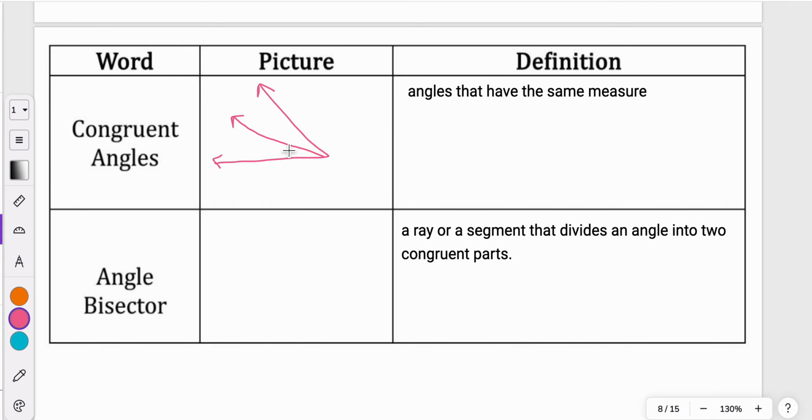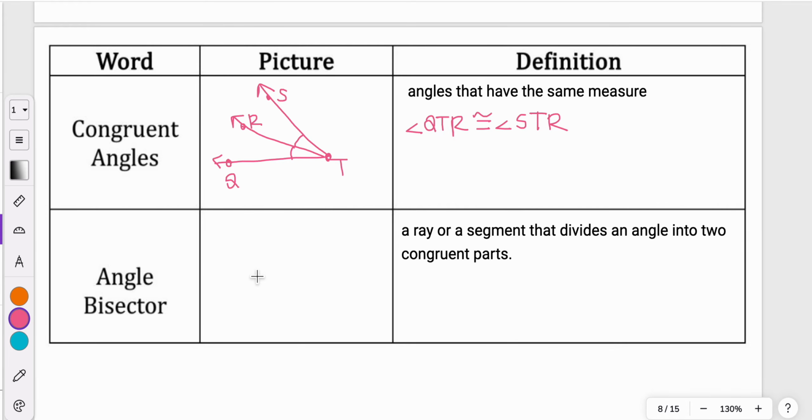Congruent angles would just have two little arches in the middle of them to show that they are congruent. So maybe we have this as point Q, point T, point S could be here, and point R. So I could even say that angle QTR is congruent to angle STR, okay?